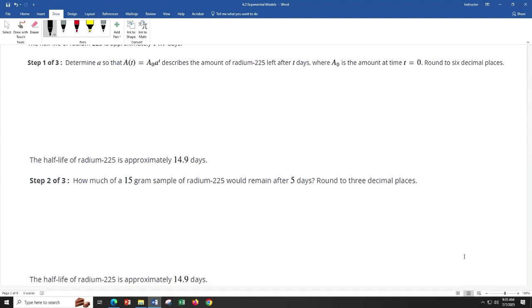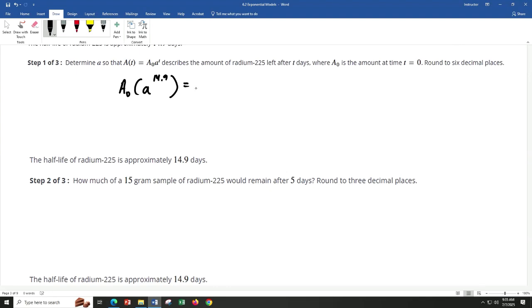Okay. So notice how I'm going to write this formula. I'm looking for A right now. Am I not? Look at how I'm going to write this. I have A of 0. I'm writing the right-hand side, by the way. And then I have A of 14.9.